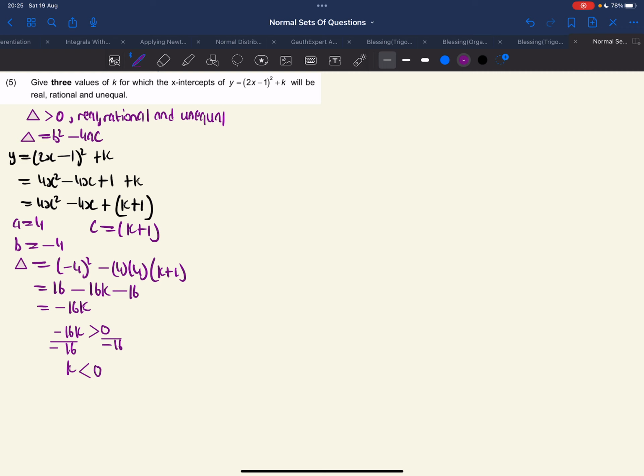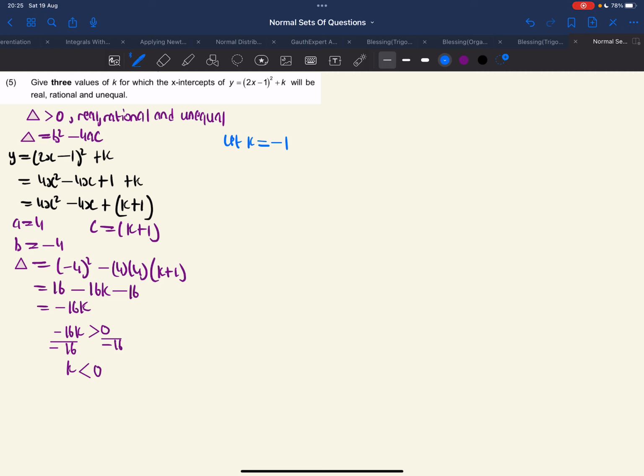If you do trial and error, let k equal -1.